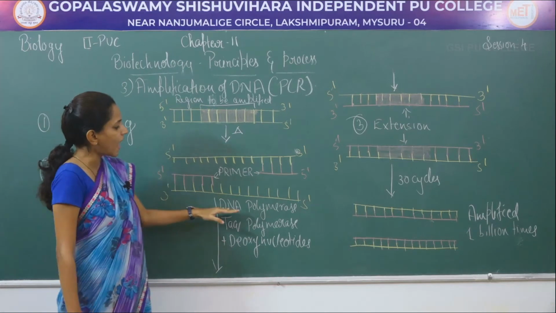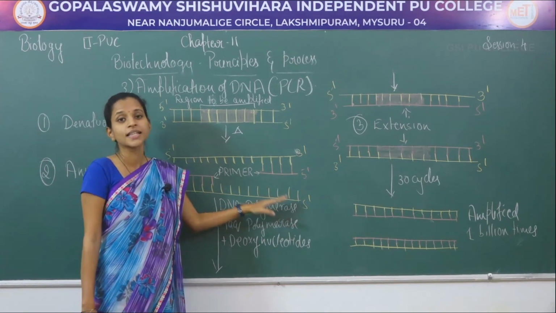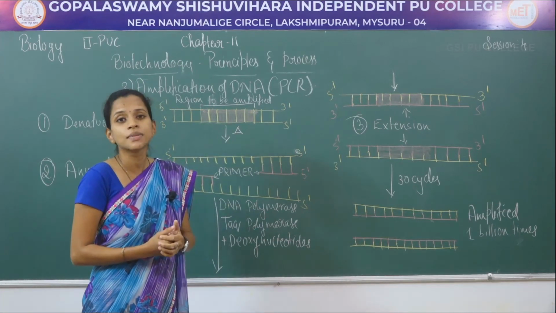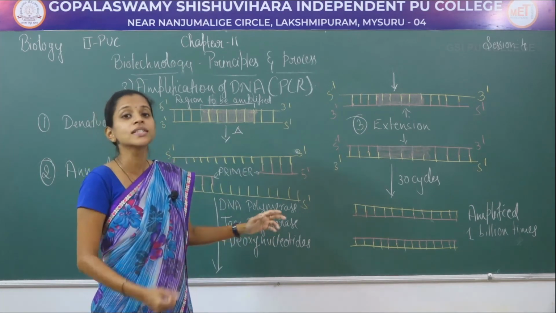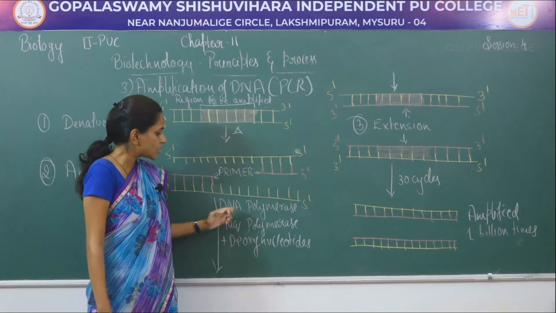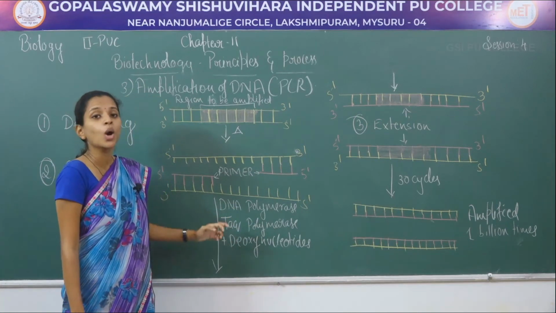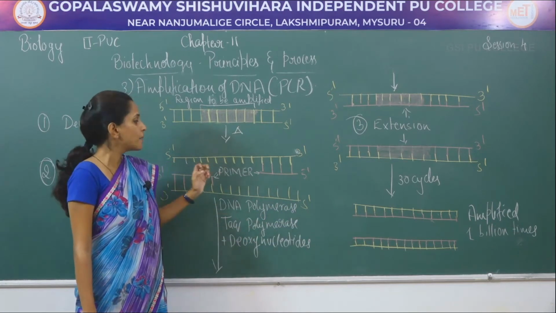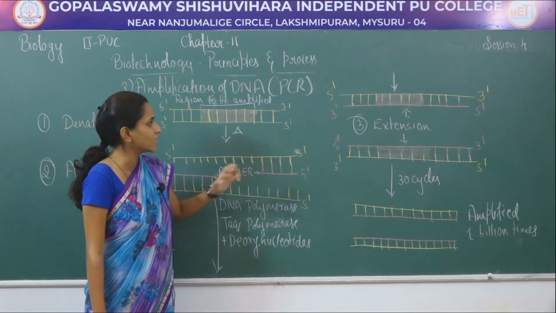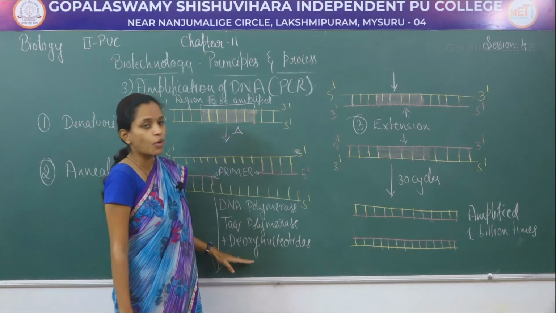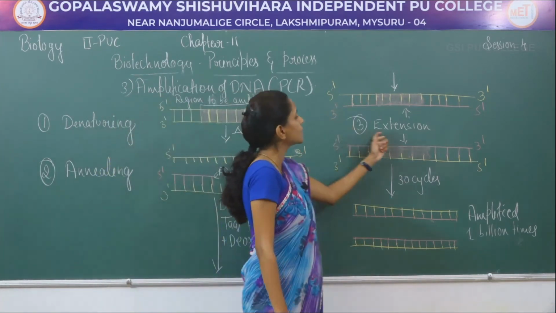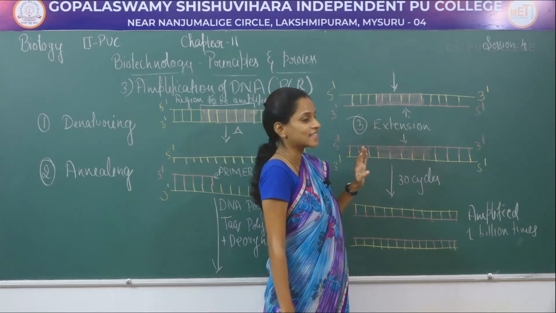Next we will be adding DNA polymerase, that is Taq polymerase, which is extracted from the Thermus aquaticus bacteria, which is thermostable. This polymerase enzyme along with deoxynucleotides will be added to the primers so that the chain continues. Once this polymerase and deoxynucleotides are added, there will be the third step, called extension.